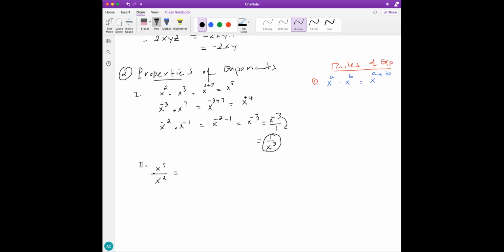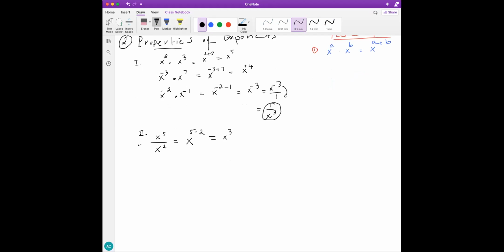Do you multiply them? Subtract. That's right. So with the multiplication, we add these two. But with division or fraction, the rule is to subtract the two powers. So 5 minus 2 will be x to the 3. It's a positive power, so no need to flip it or anything.